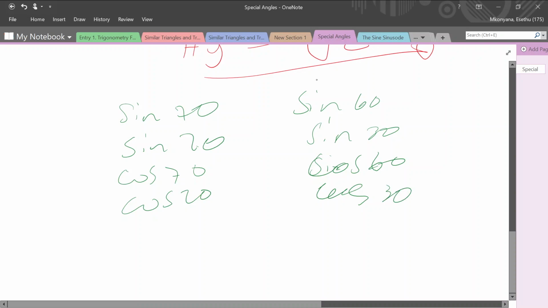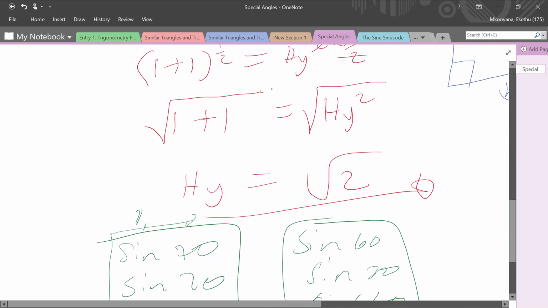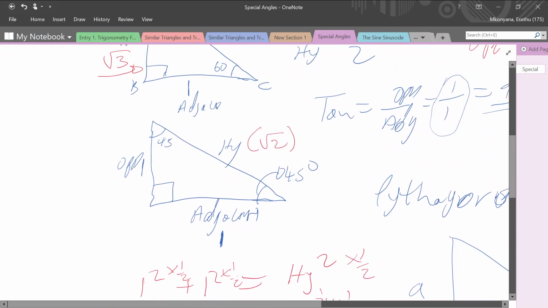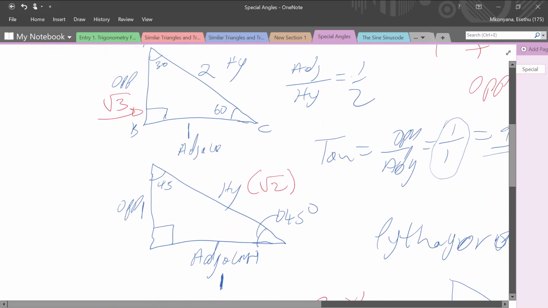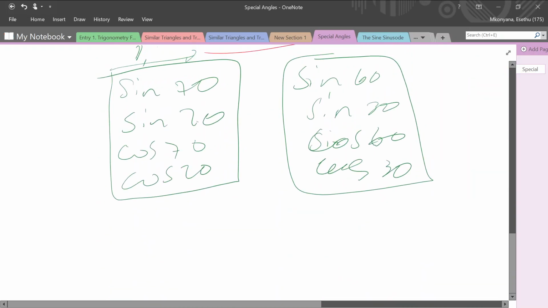You will see that here you get very nice fractions, but here you get numbers that are maybe 1 point something. If you press this on a calculator, you get numbers like 1 point whatever fraction it is, for sine of 70. But on this side you will get very nice fractions, because that is working in conjunction with this triangle that we've derived here.